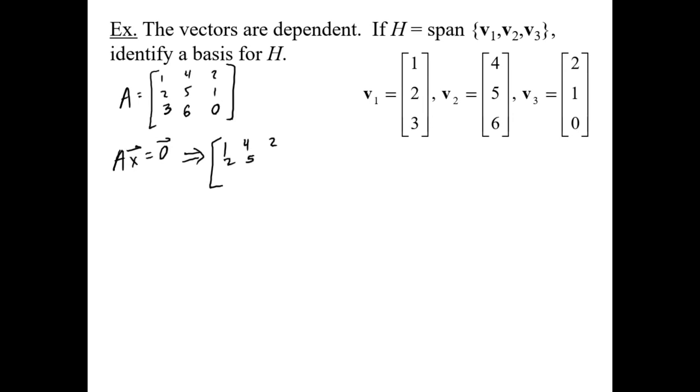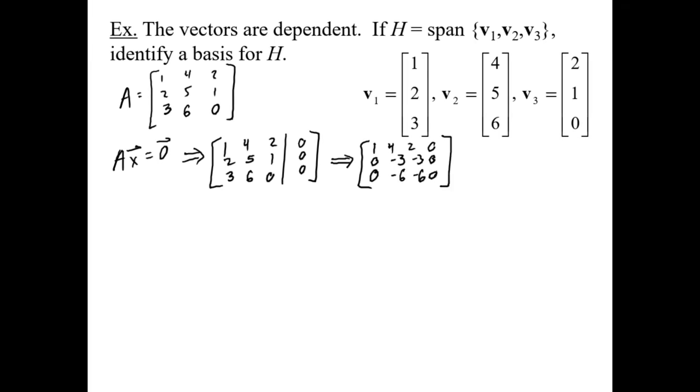Augmented matrix: 1, 4, 2, 0. Multiply the top by -2 and add to the second row, giving 0, -3, -3, 0. Then multiply the top by -3 and add to the bottom, giving 0, -6, -6, 0. So we've got 1, 4, 2, 0, the middle row becomes 0, 1, 1, 0, and the bottom row becomes all zeros.